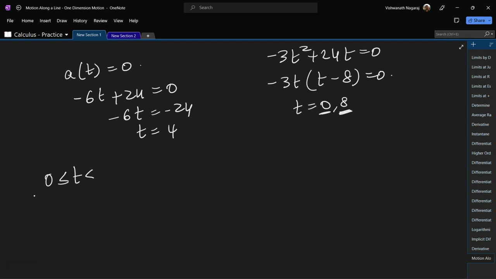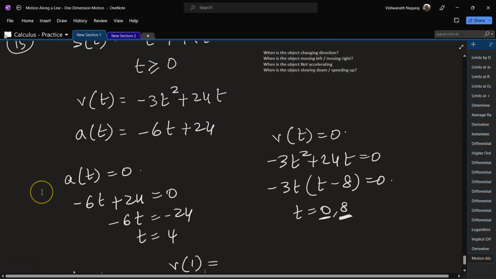So 0 to 4, 4 to 8 and greater than 8. Okay, so let's see. V of, let's say, 1 is equal to, what will this be?